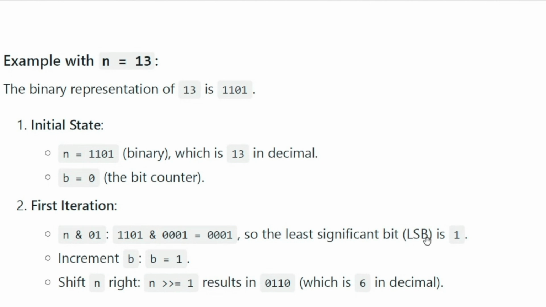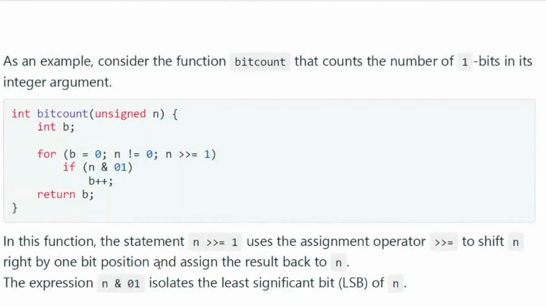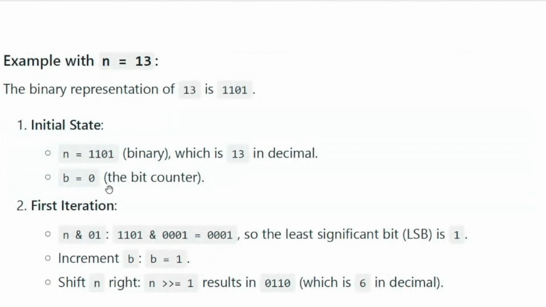And because this is 1, it's true in this if statement, we will increment this b, right? In this increment statement, we use b++. Okay, then we'll keep doing that. The next step, we'll shift this n to the right-hand side by 1 position. It will give you 0, 1, 1, 0, right?